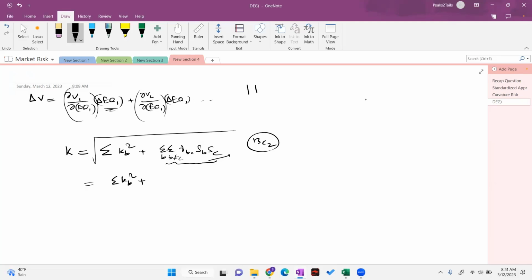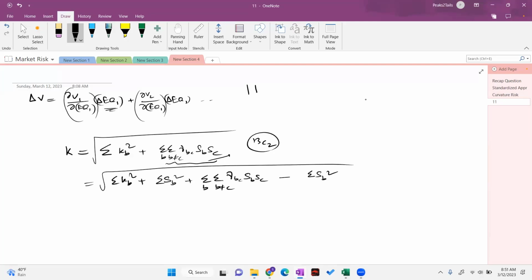But the easy way is, pretend we had this term and this. I did this. I added a sum of SB square, which you don't need to calculate, but I added and I subtracted.